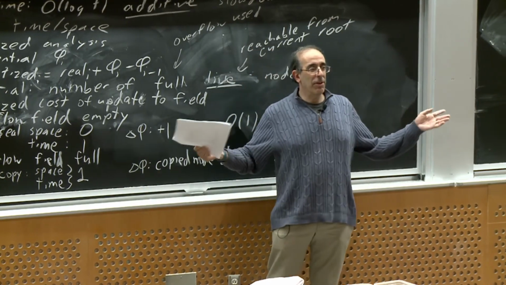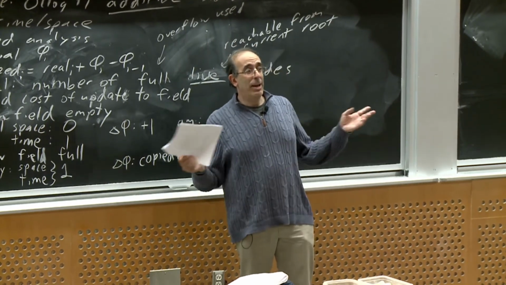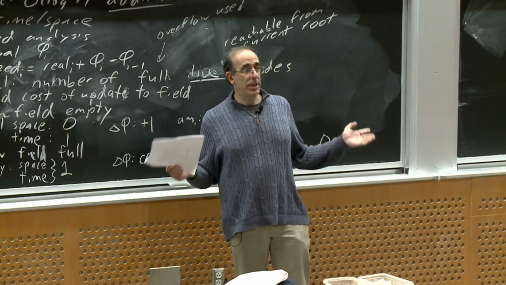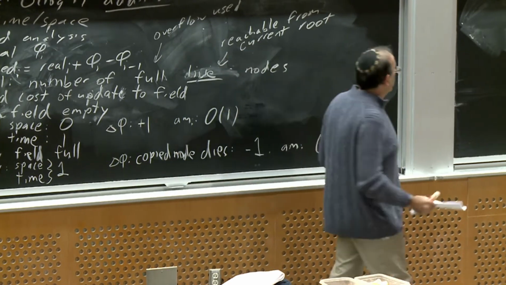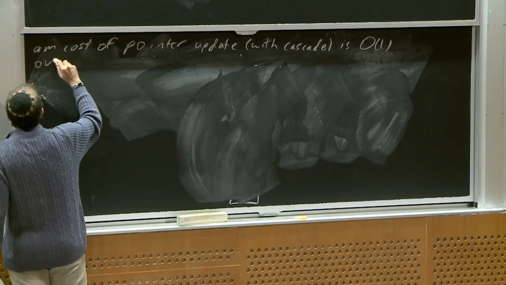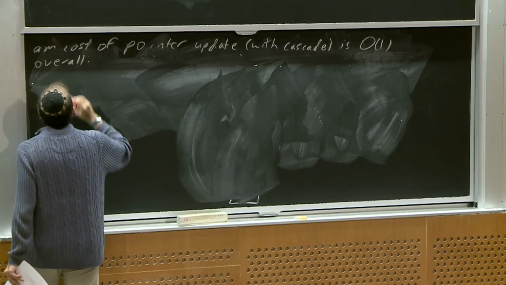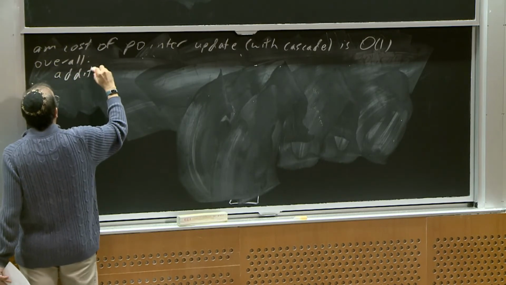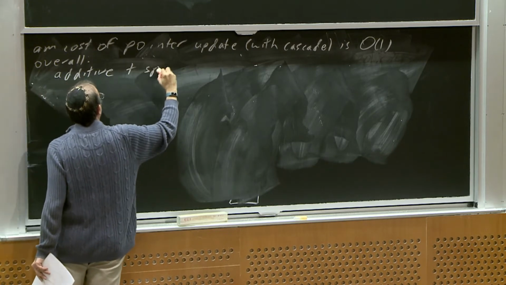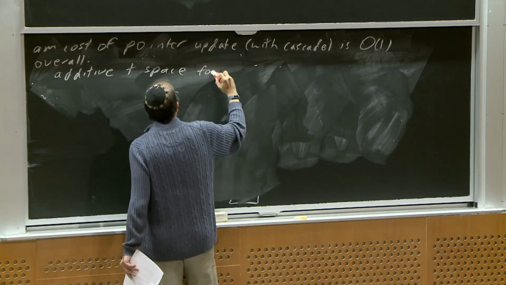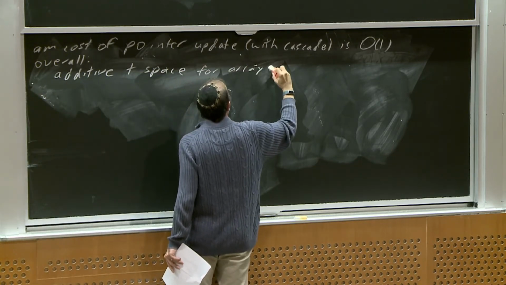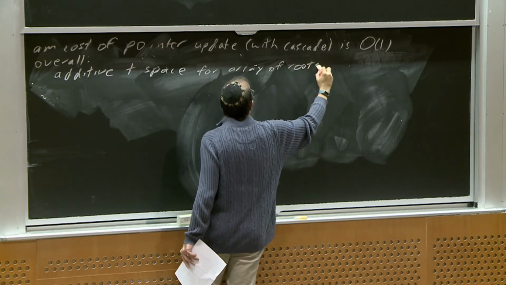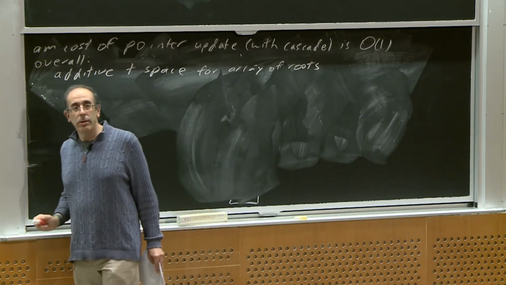So whatever the space and time bounds are for your persistent data structure, we have an additive t-space for the array of roots. But no more.